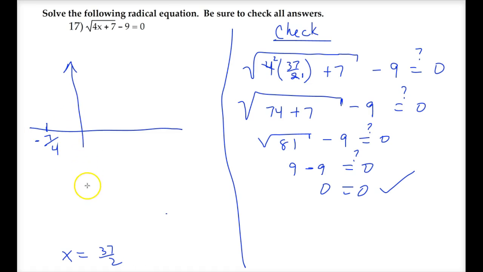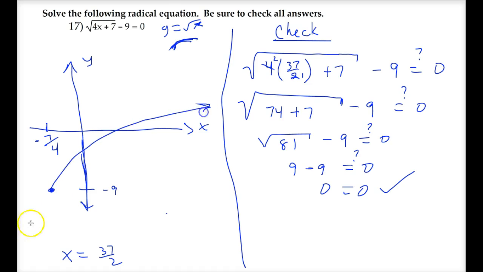And here what this would be saying is that if this was the x-axis, that was the y-axis, I have some variation of a theme of square root of x, which is a graph that kind of looks like this. It's going to start at the point negative 7/4, negative 9, which would be here. And it's going to go like that.